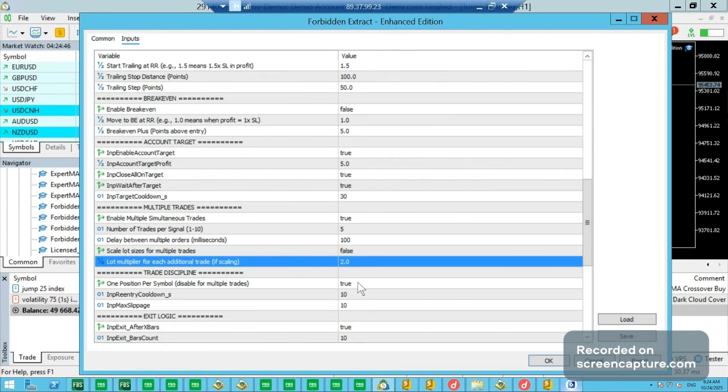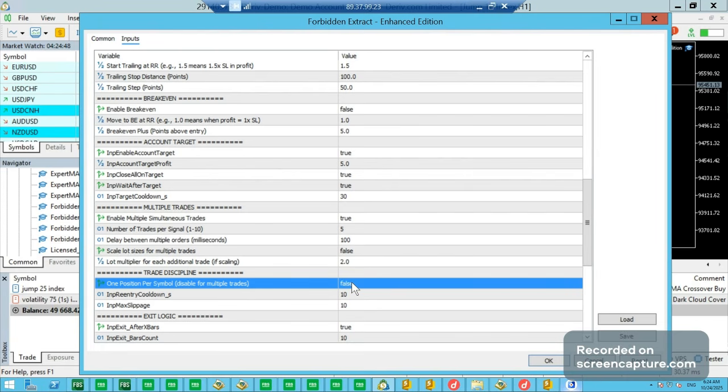But if you set this to false, the implication is this: if one signal is running on Jump 10 now, say a buy signal, and another arrow pops up again, the EA will not close the existing one that is running. It will also execute this one, making two running trades.